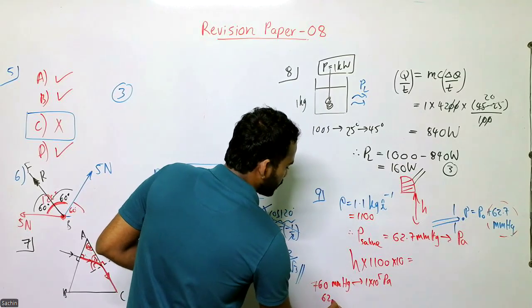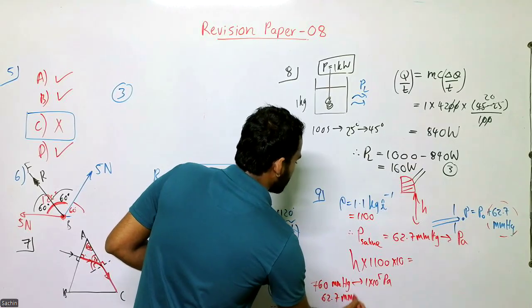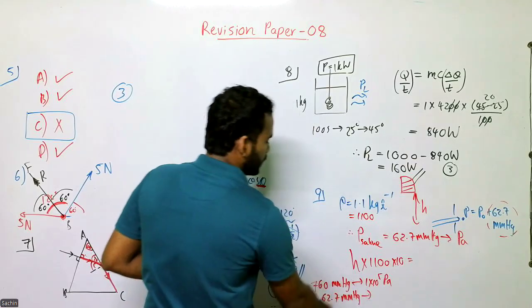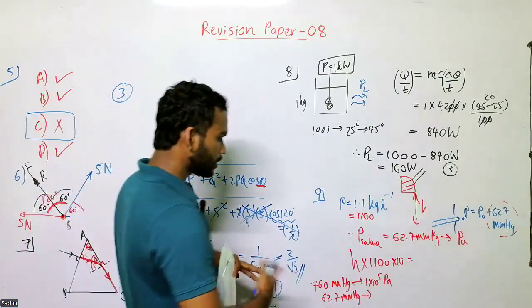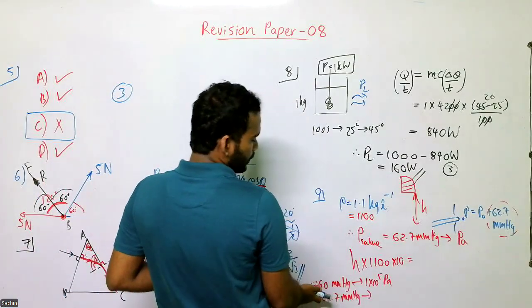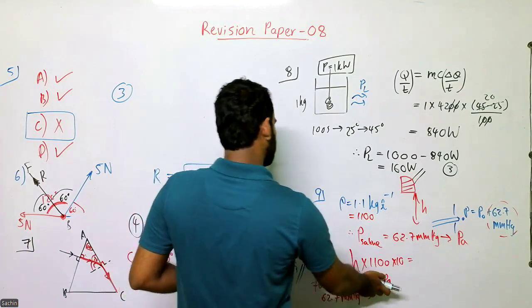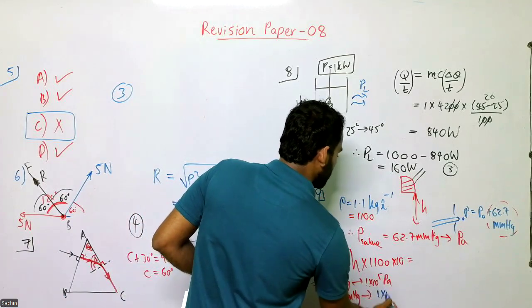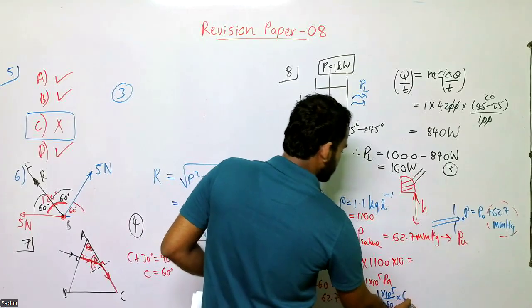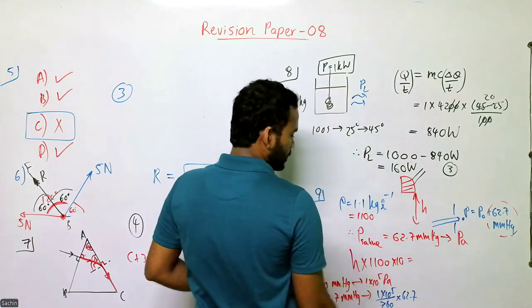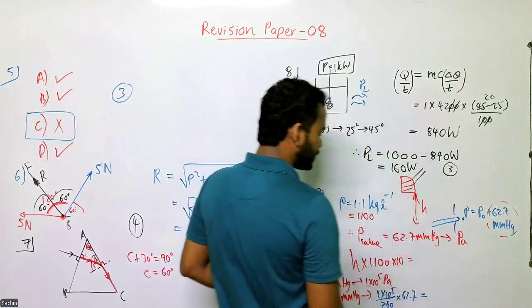So we need to calculate how many Pascals that will be for 62.7. How to do that? If this much is represented by this, then you have to divide that value by 760 and then multiply by 62.7, right? Then only you get the value in Pascal.